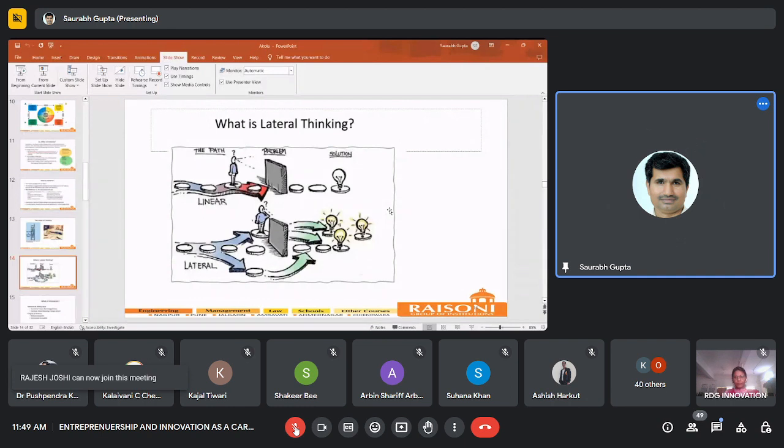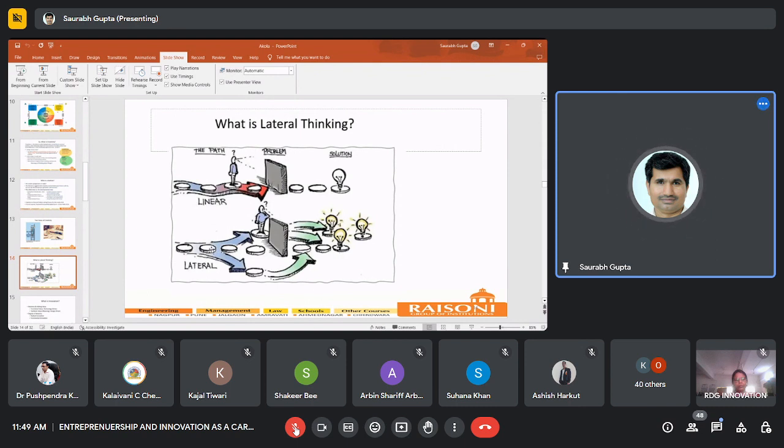Now, lateral thinking. How does creativity come by thinking? There are two ways of finding a solution. One is the linear way. In this linear way, you get a straight solution. You identify the problem, and if you move like this, you get the solution straightforward. But the person who thinks laterally will identify the problem in a different way, and similarly he will get a number of solutions for the problem, and out of them he has to find the optimized solution.